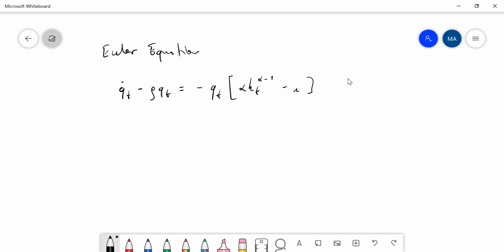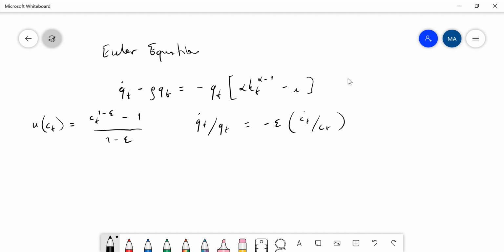Now let's write this for this utility function. I know that Q dot t divided by Qt is equal to minus epsilon C dot t divided by Ct.